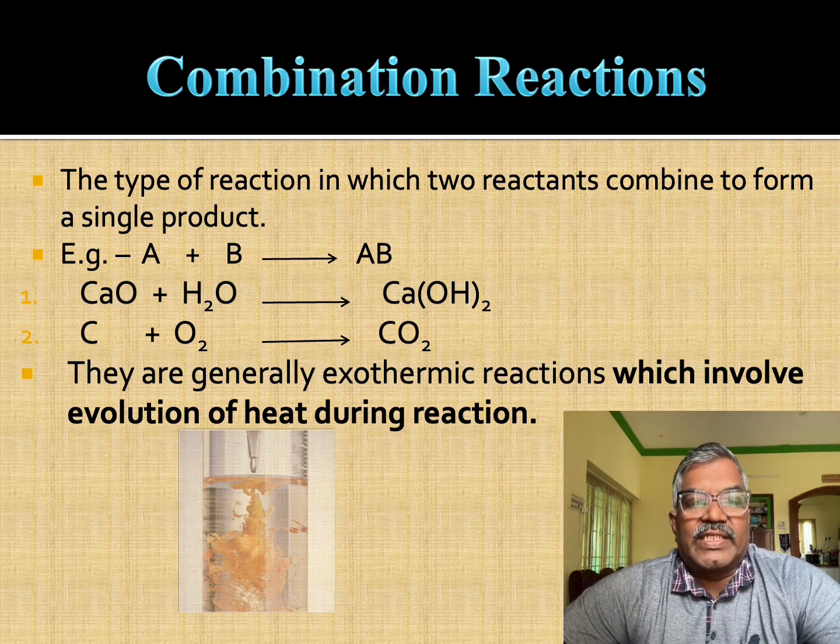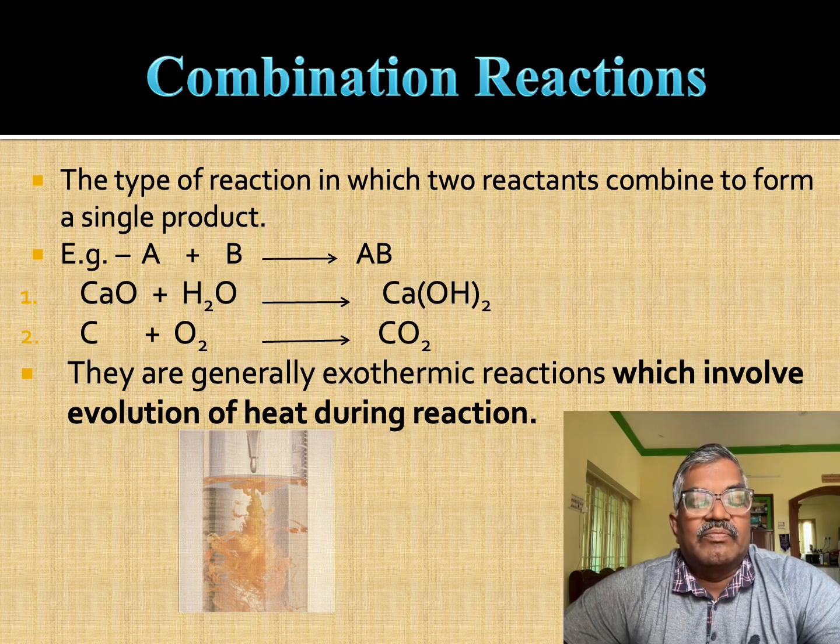When calcium oxide reacts with water to form calcium hydroxide, it is one example of a combination reaction. Calcium oxide is lime. In Tamil it is chunambu, in Hindi chuna.